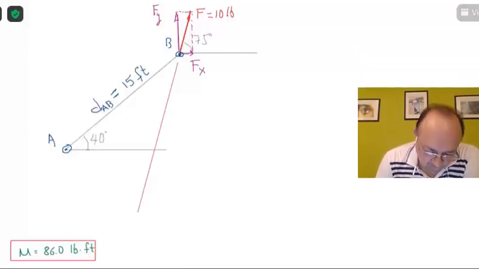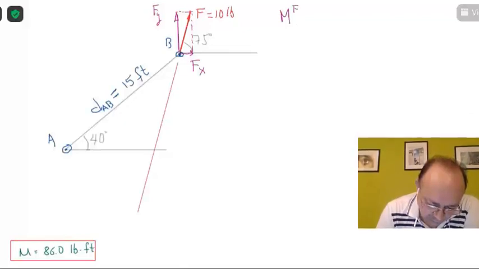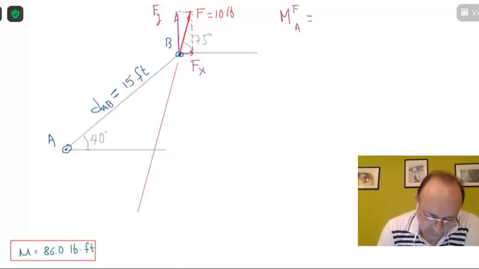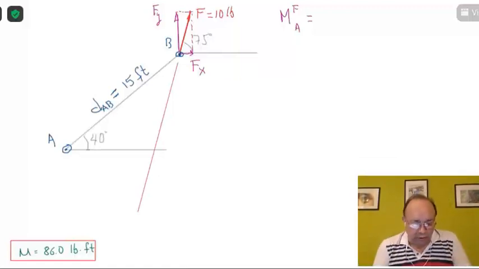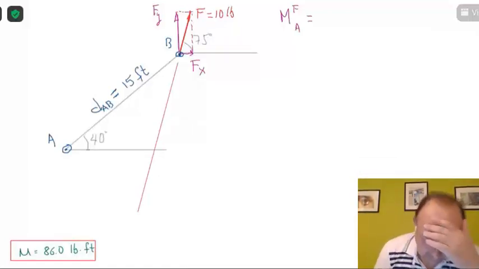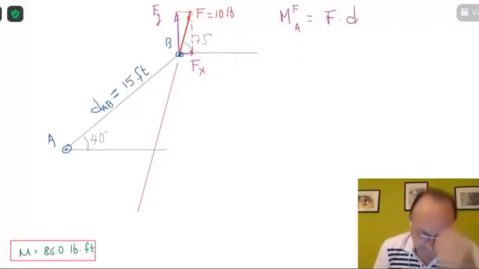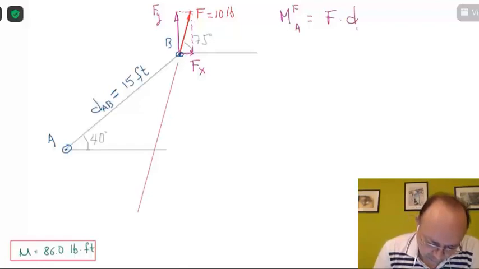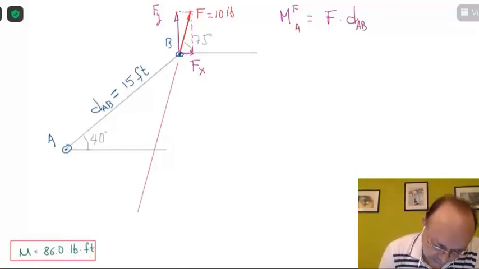And now we are going to calculate the moment of F with respect to A as the summation of the moments produced by its components Fx and Fy. So initially we did it as F times dAB, right?